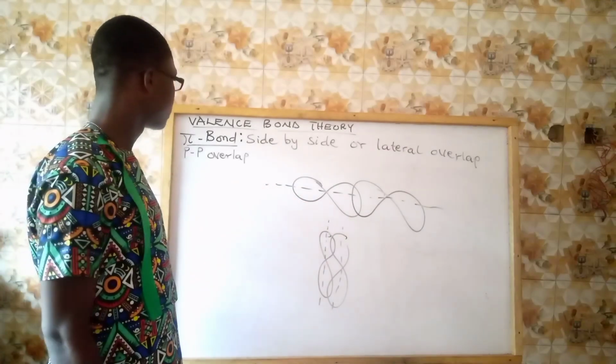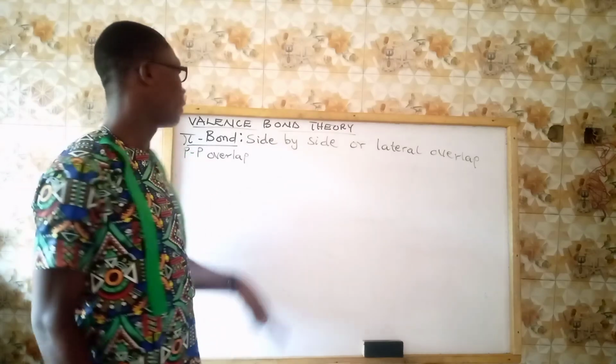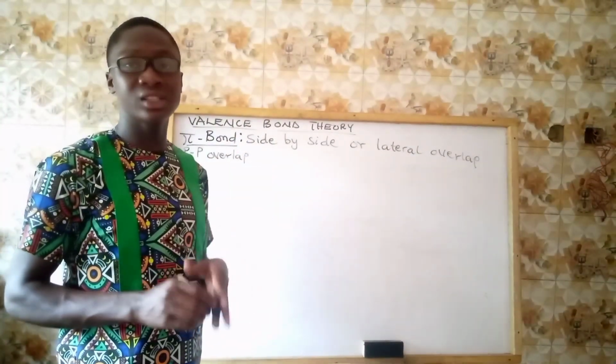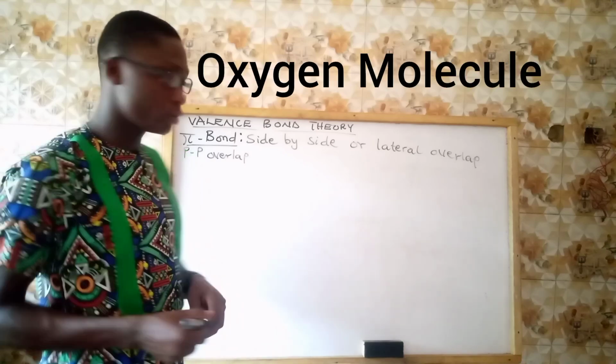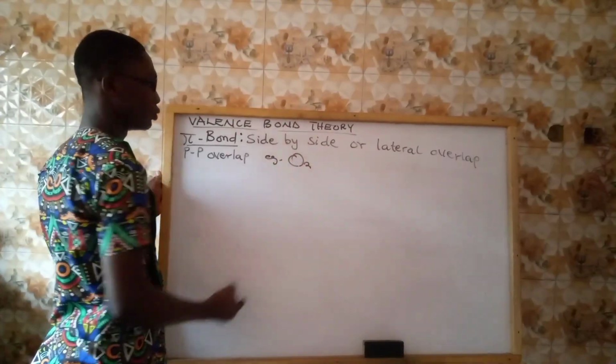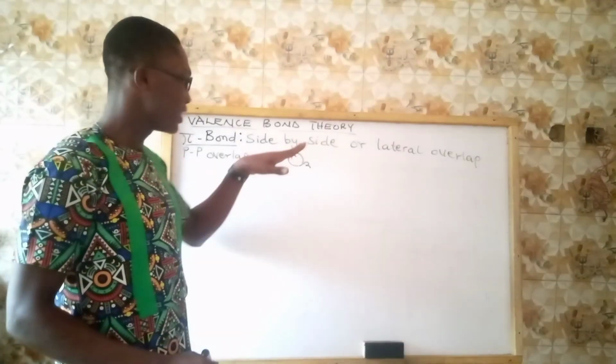So now let's continue. For PP overlap, for the sigma bond, you'll be focusing on the oxygen molecule. So for example, we have O2, which means that you have two atoms of oxygen here.